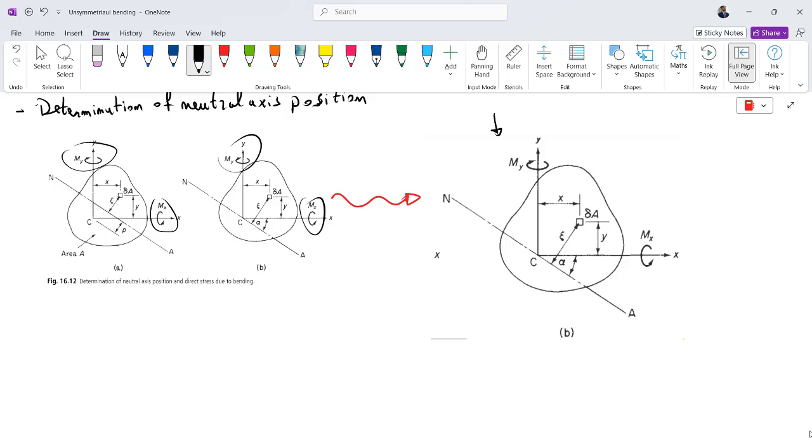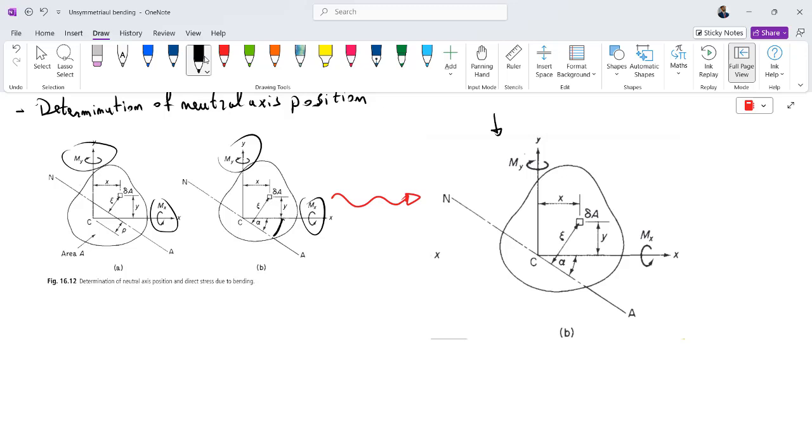This is clear at this level. Now, how can I determine the neutral axis position, and how can I determine this angle?